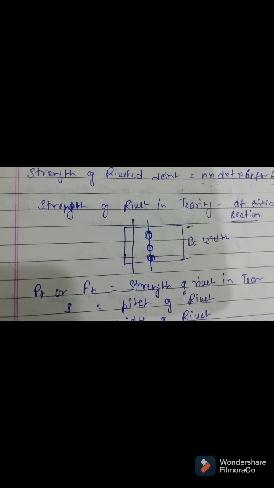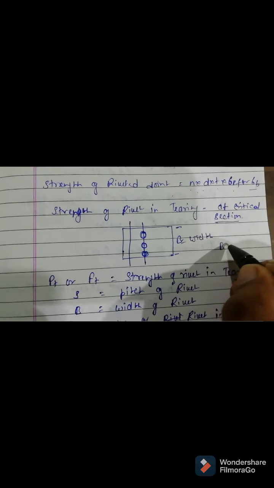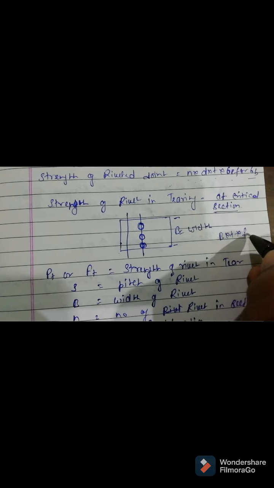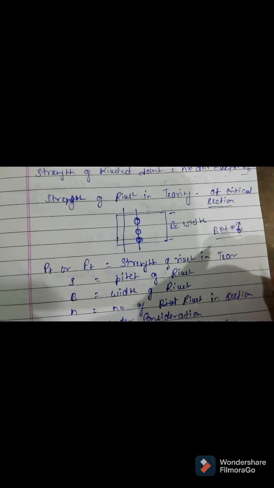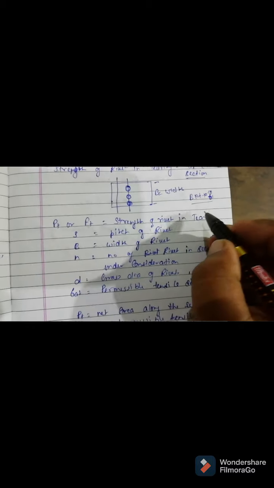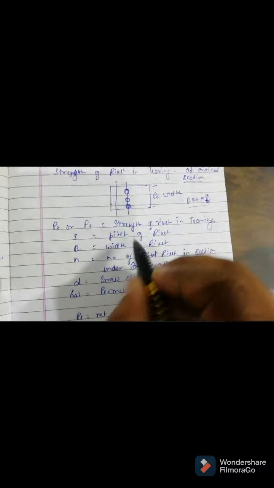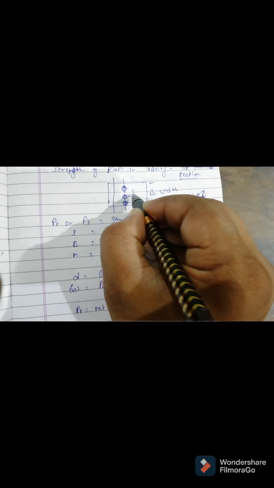The cross section multiplied by the permissible stress is the total force that can be borne by the solid plate. That is B into T into sigma T. So PT or FT is the strength of the rivet in tearing. Here S is the center to center distance.